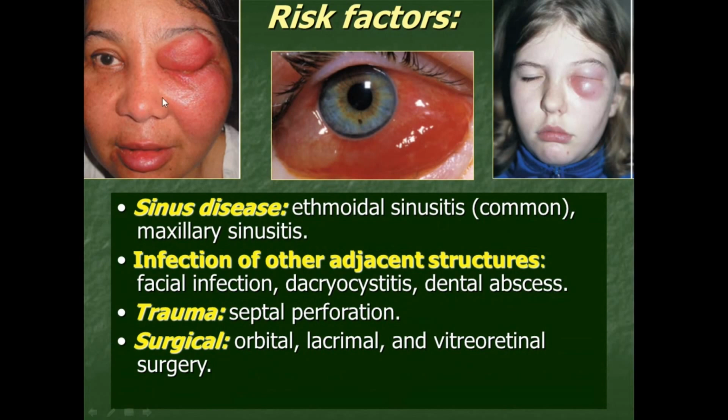In the picture, you can see examples: exophthalmos, eyelid hyperemia, severe edema.